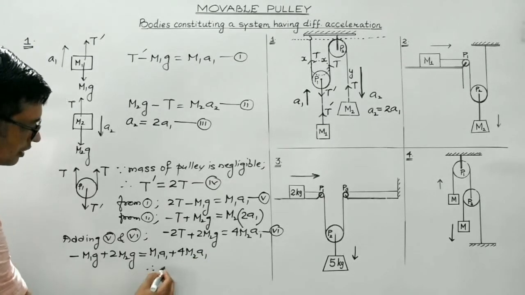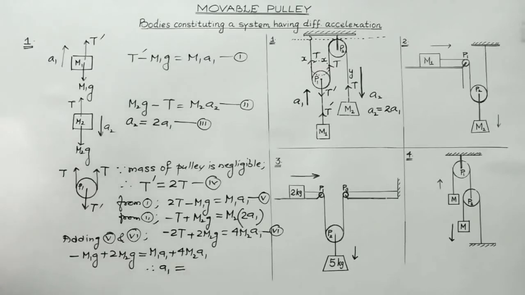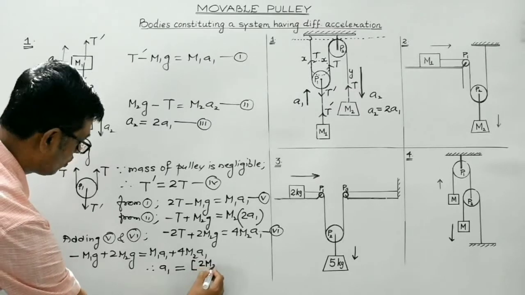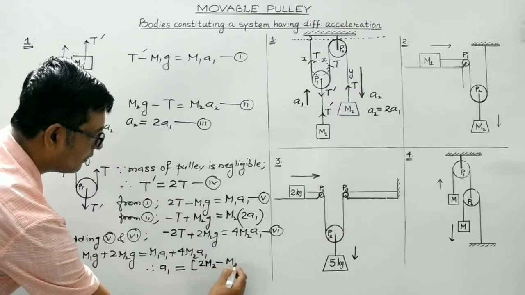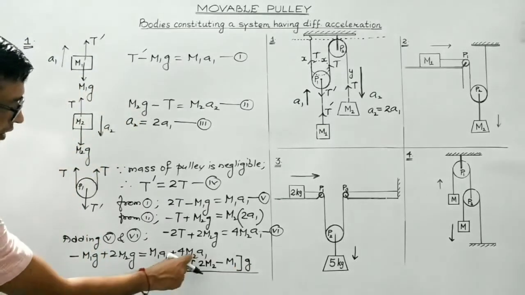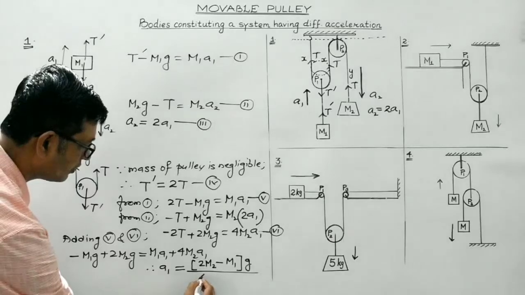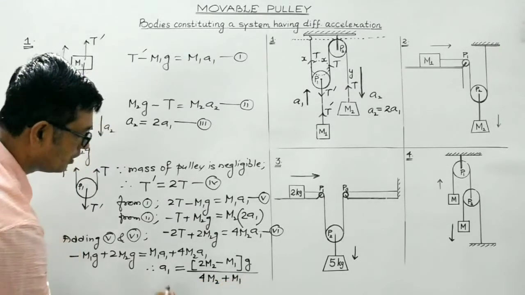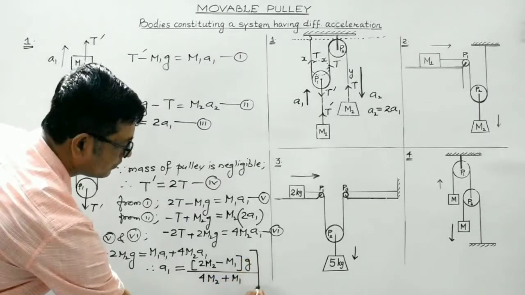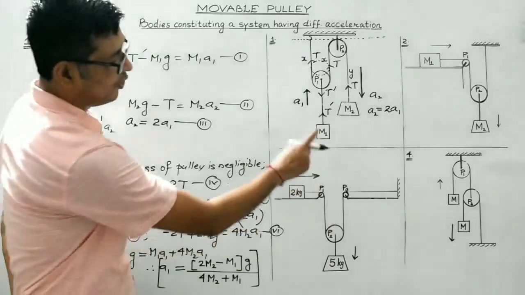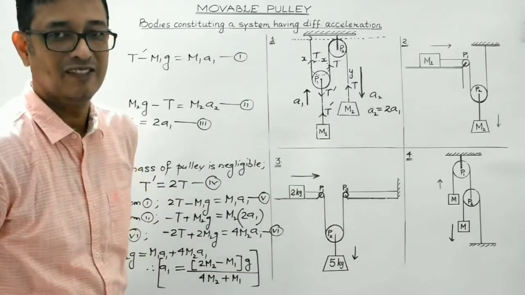Therefore students, A1 it would be equal to, okay, G can be taken as common, so what we get is twice M2 minus M1 into G divided by, A1 can be taken as common, so here we get 4M2 plus M1. So students, this is the answer. This is the expression for the acceleration of body of mass M1, right?